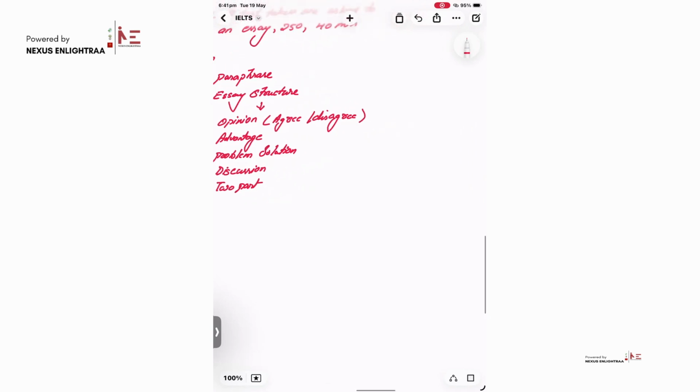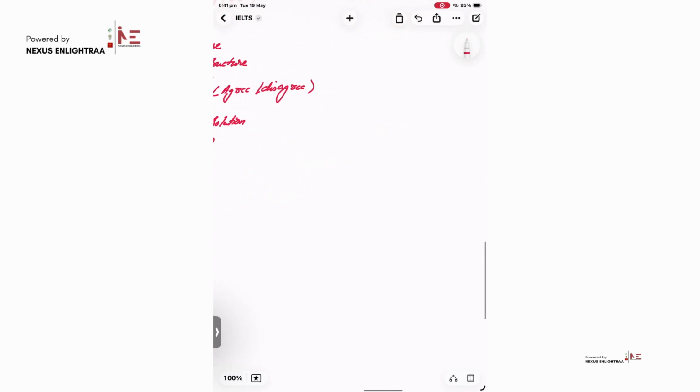Okay. Now, if you ask me what exactly is the meaning of the word paraphrase, if there is a definition, the word paraphrase can be defined as expressing the same idea using different words or sentence structures.